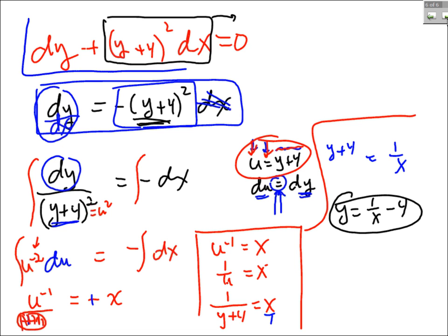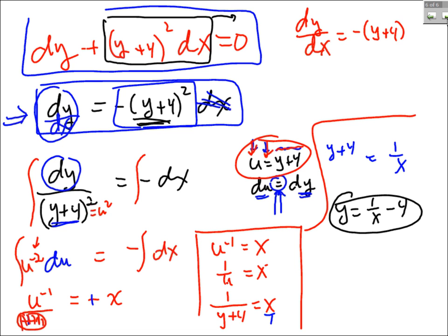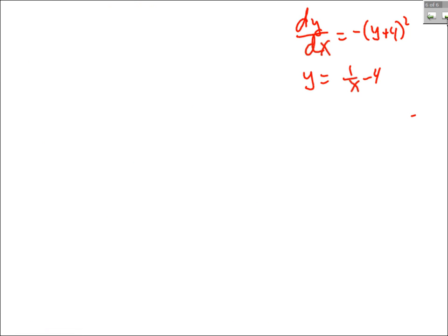This equation is exactly the same as that one. So let us actually check this. dy dx is negative y plus 4 squared, and I claim y is 1 over x minus 4. I've been known to be crazy. Let's see if this is one of the times.